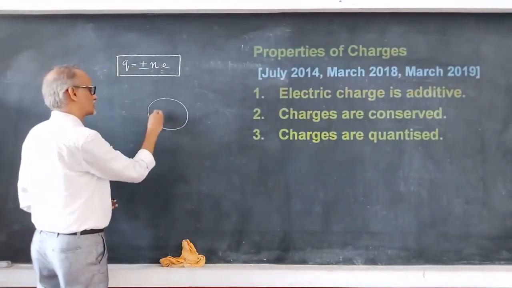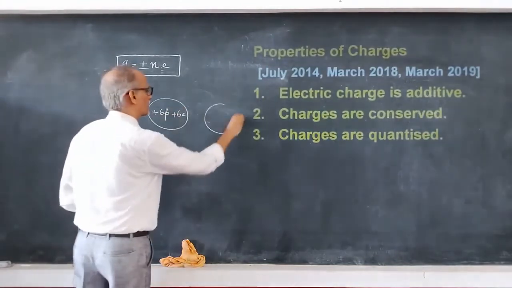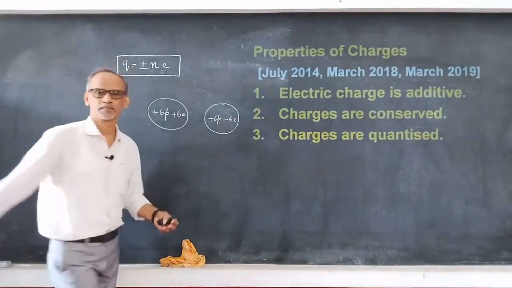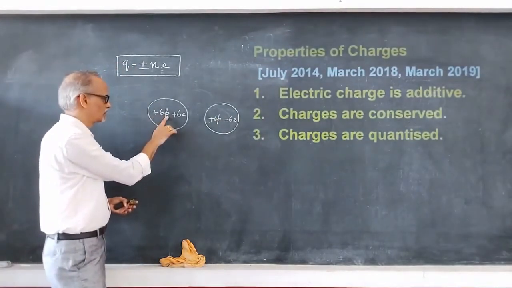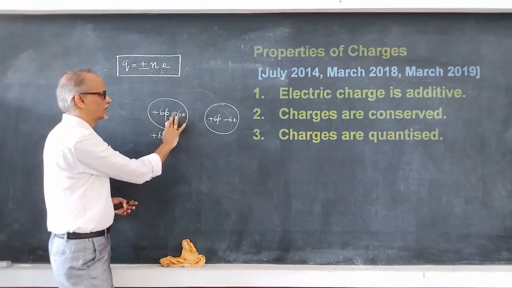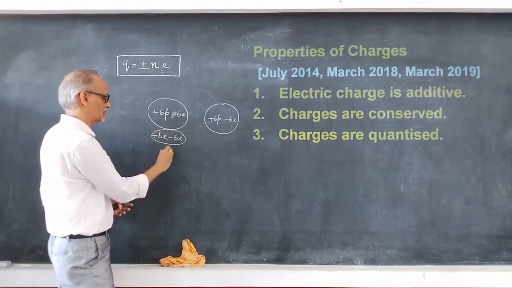There are 6 protons and 6 electrons, and here also there are 6 protons and 6 electrons. So right now 6 protons, that is plus 6e, and minus 6 electrons, minus 6e. What is the net? It's 0.